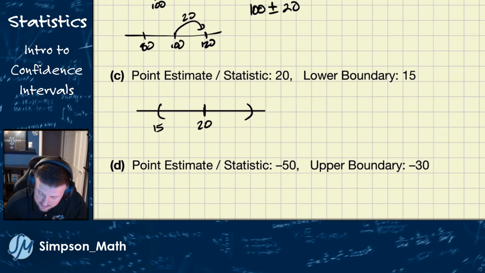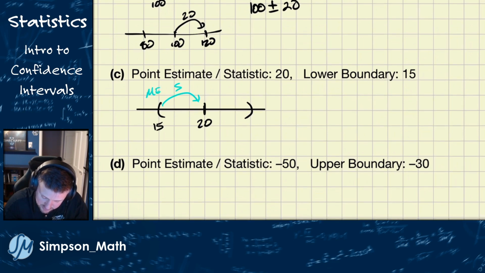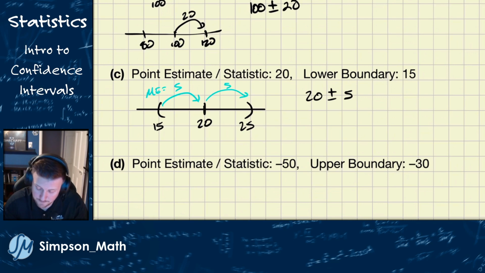Well, I see that the distance from here to here is 5. That's my margin of error. My margin of error is 5. So if I go another 5, that should put me up at 25 for my upper bound. So two ways of writing my interval: 20 plus or minus 5, the estimate plus or minus the margin of error, or my lower bound to upper bound, 15 to 25.